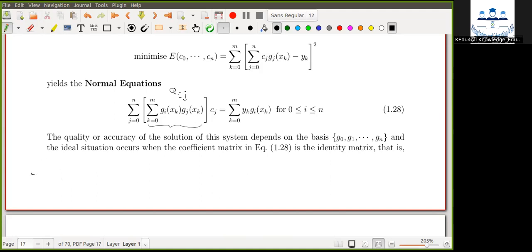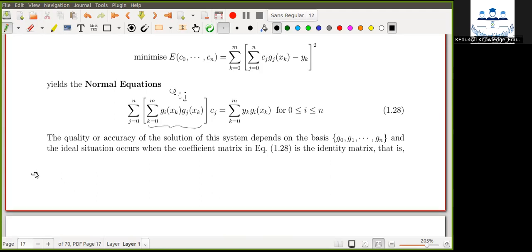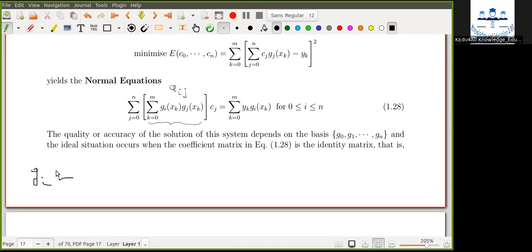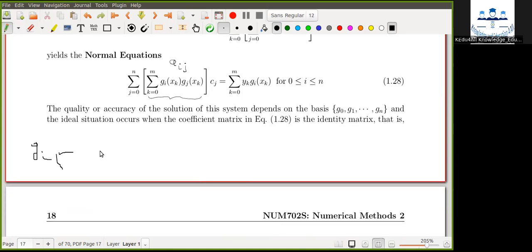Let's say g_i here has... oh sorry, I have a problem with my writing, the tablet. It'll be a bit difficult to write anything here.